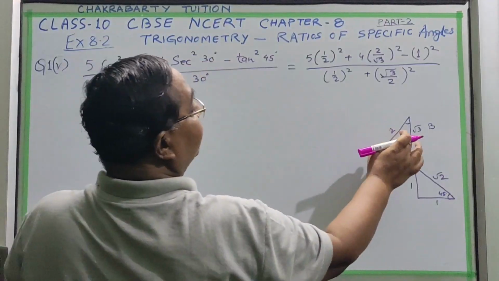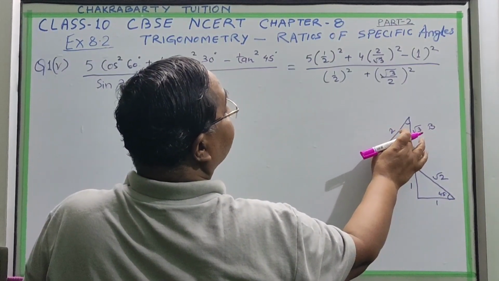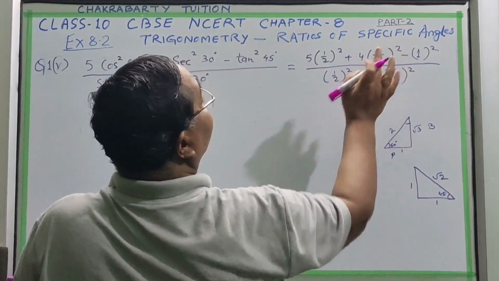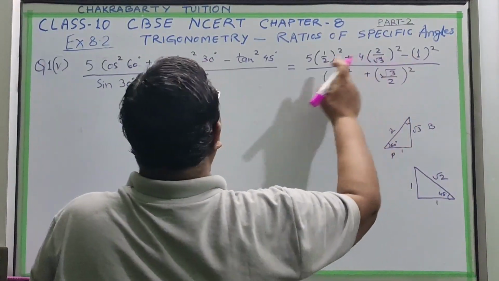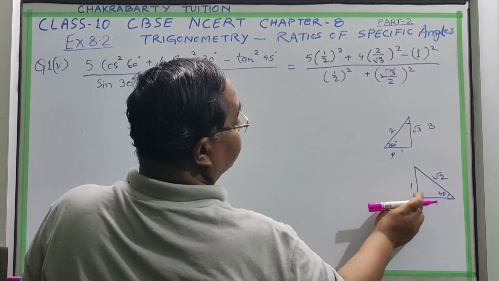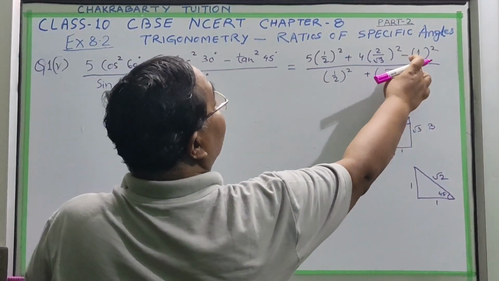So sec will become opposite to cos, it will become 2 under root 3. And tan 45 is perpendicular upon base, so it will become 1.